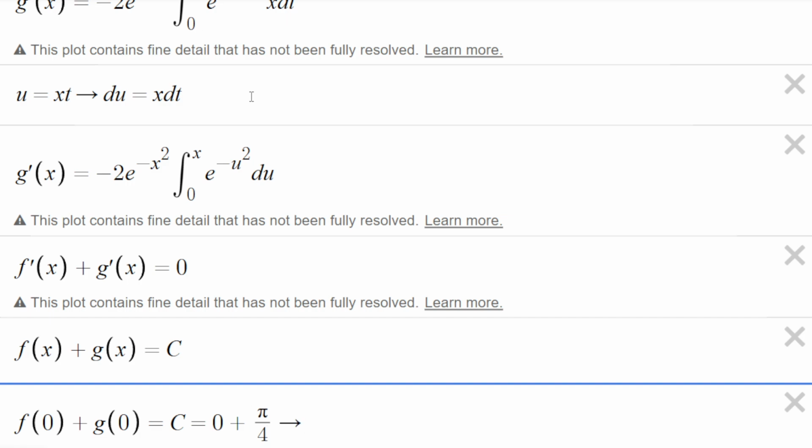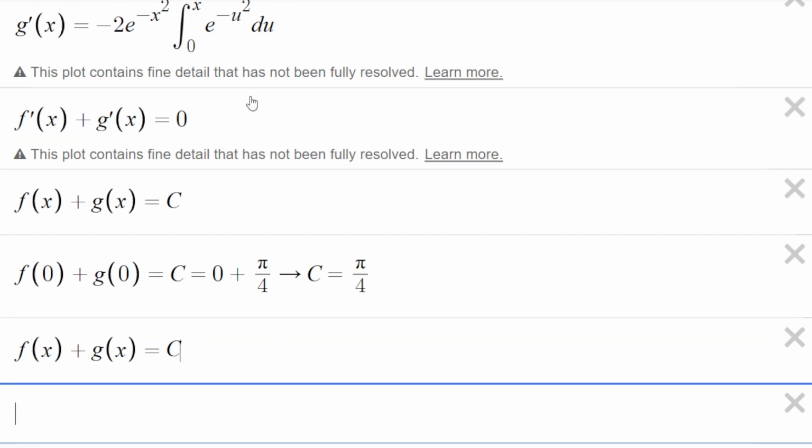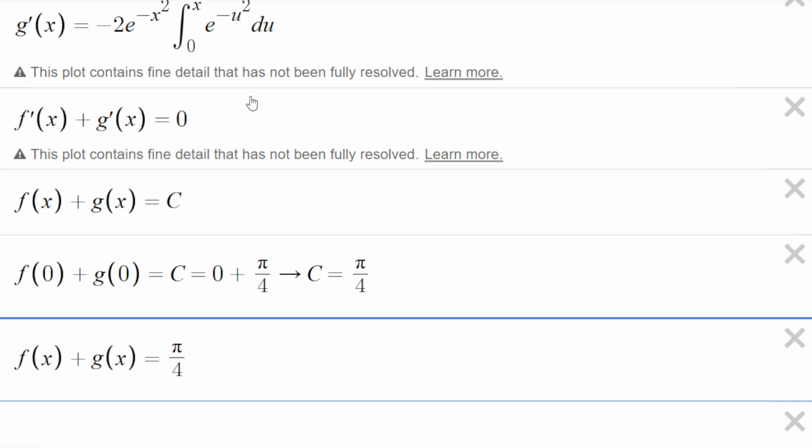Implying that c is equal to pi over 4. So we've just shown that f of x plus g of x is equal to pi over 4.